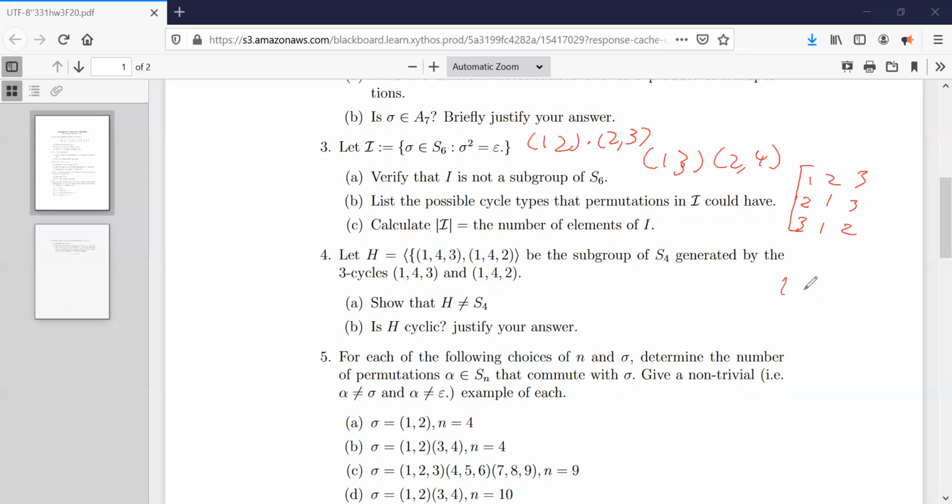So then we get 1, 3, 2, which, if we square it, is not equal to the identity. So for 3a, we just show that if I apply the group operation, then I can get some element that would not be in the set. So it's not closed, which groups are by definition closed, right? Does that make sense?